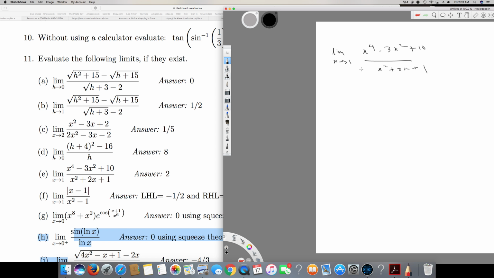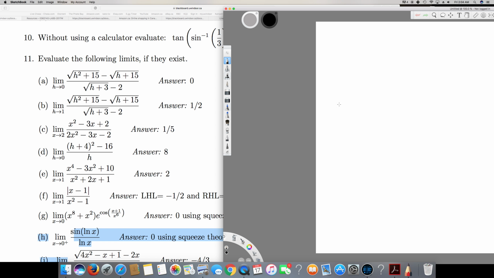In this case the limit approaches 1, so I can directly plug in the value. So 1 minus 3 plus 10 over 1 plus 2 plus 1. So it's going to be 8 over 4, which gives me 2. So that's the answer for this question. Let's do the next question.